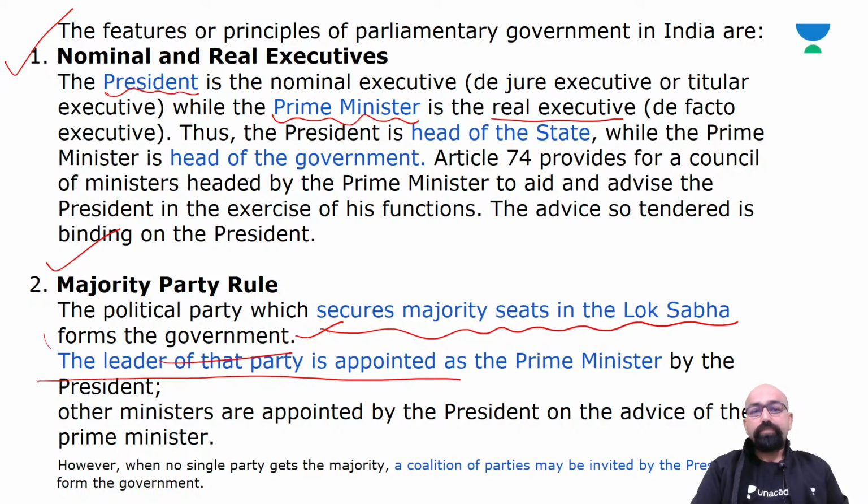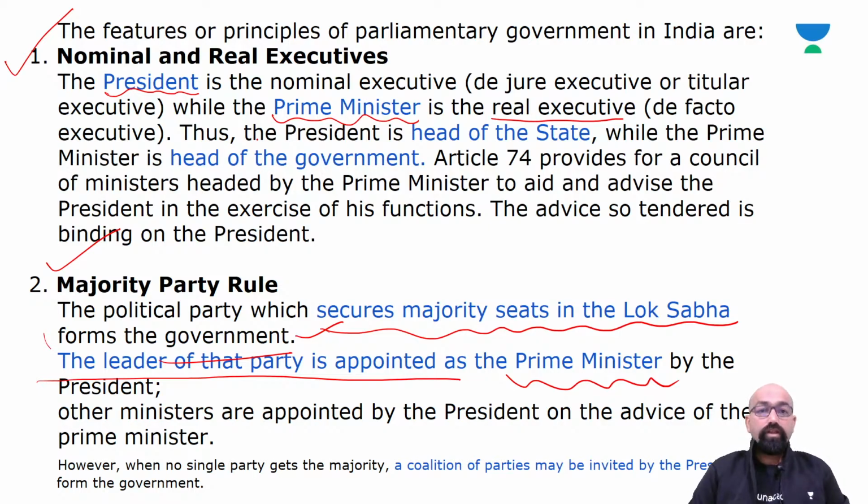The leader of that majority party is appointed as the prime minister by the president. Along with the prime minister, other ministers are appointed by the president on the advice of the prime minister.